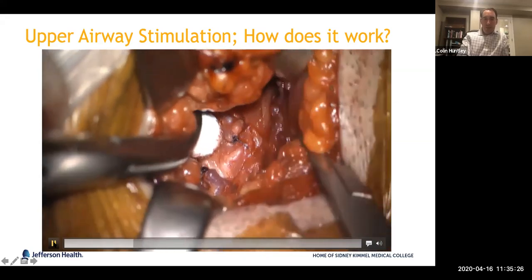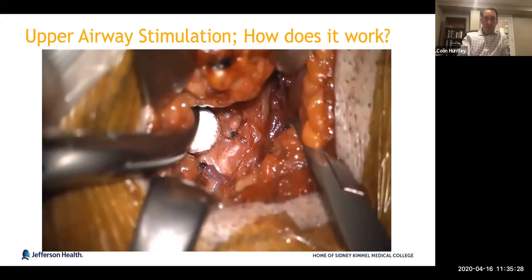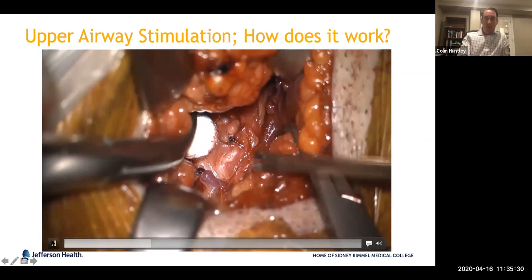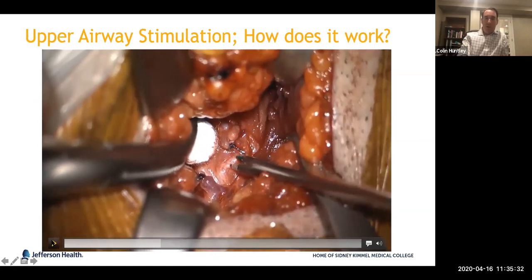So as he continues with his dissection here, you see that C1 branch and stimulation. I'll pause the video here for a second, because what I want you to see is contraction of the geniohyoid and some of the strap musculature.